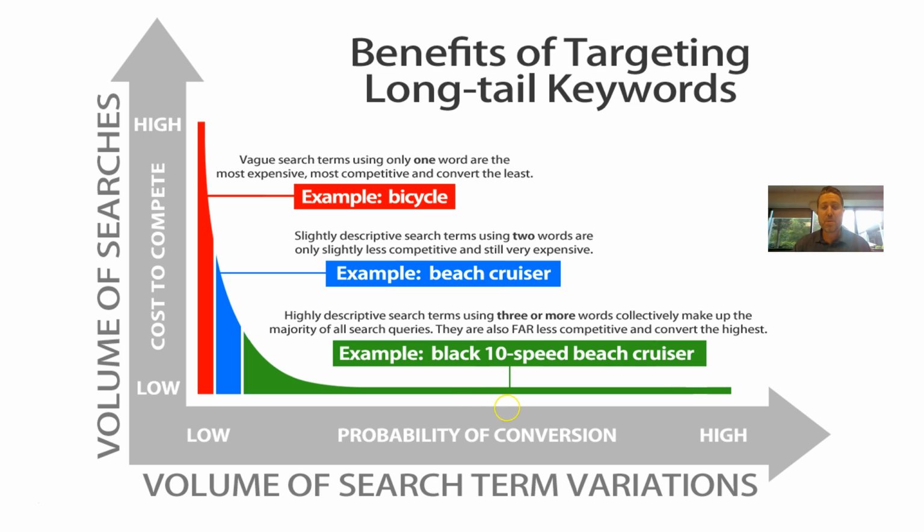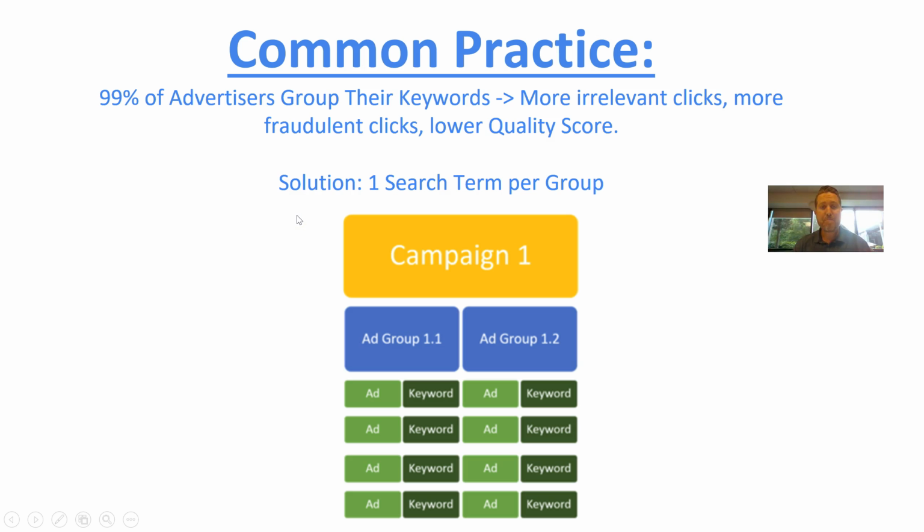So now people who see your ad for a black 10-speed beach cruiser, you know that it's highly relevant to them because that's exactly what they're searching for. And whatever service, product, or information you're providing them is going to be extremely valuable to what they're looking for. And that's why the probability of converting on that ad is so much higher than trying to convert on an ad with a simple word like bicycle, okay?